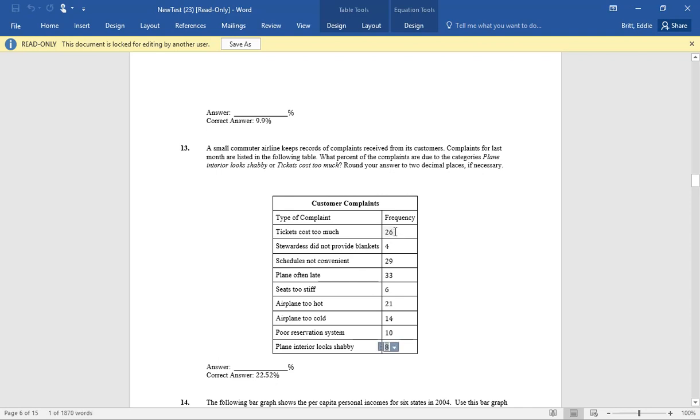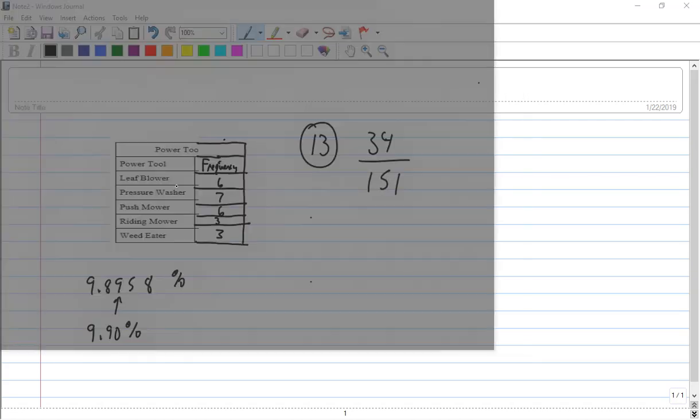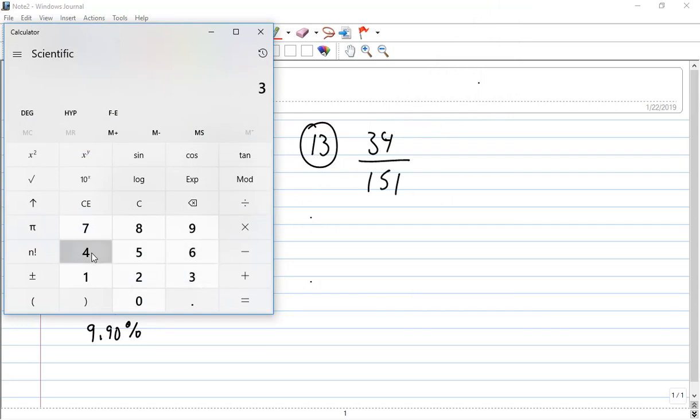So 8 and 26, that's going to be 34. This is number 13. We're going to say 34 divided by the total number. So we have to add those up. Somebody did that. 151. Again, just take a calculator, divide, and then we're going to round to 2 significant digits.